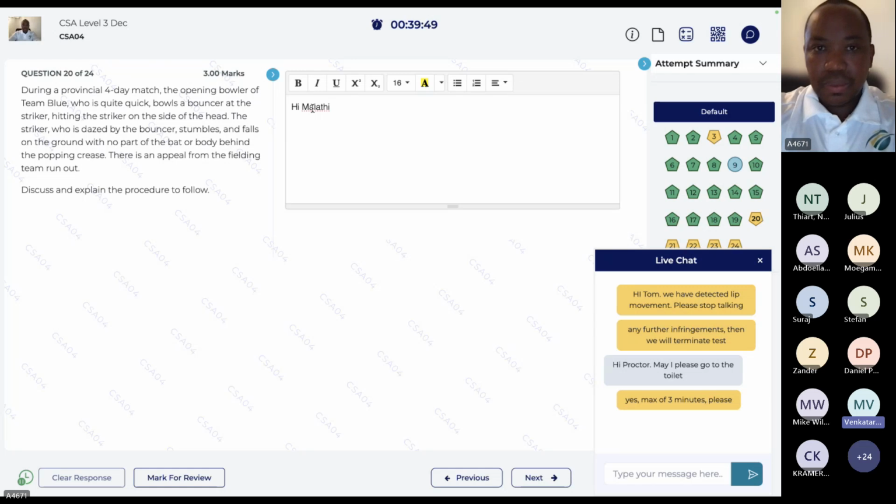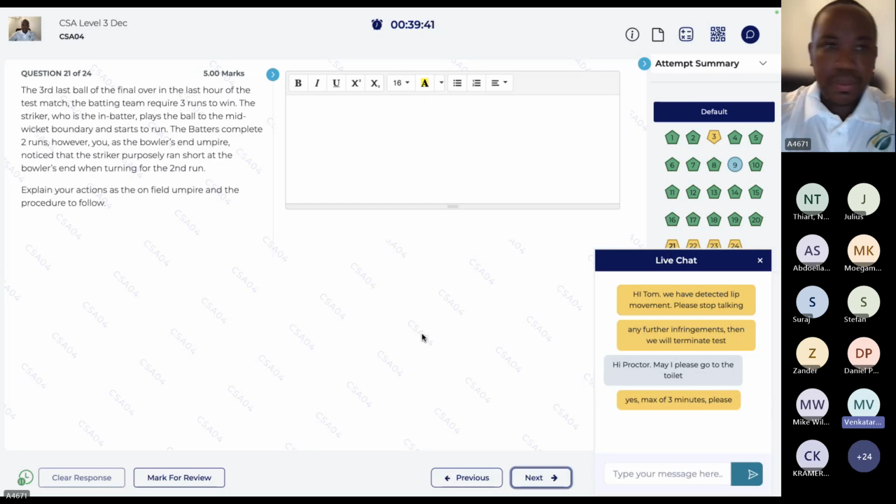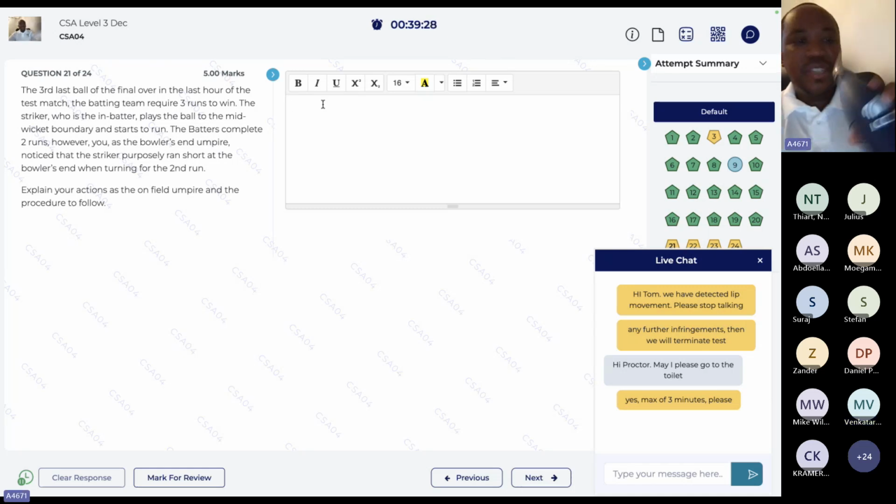Okay, so my question is that I know Tom mentioned it's AI based and any movement is going to be recorded or noted. I tend to drink a lot of water during the exam. So is that allowed? Let's see if there's any flag of drinking of water. It says a book or phone has been observed. So I'm not exactly sure what this is. It doesn't say water bottle.